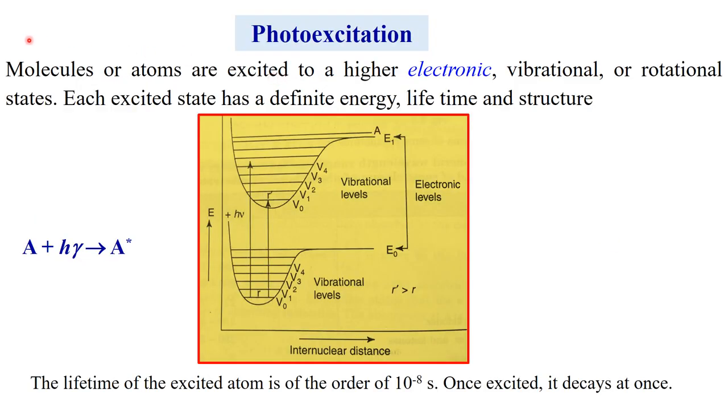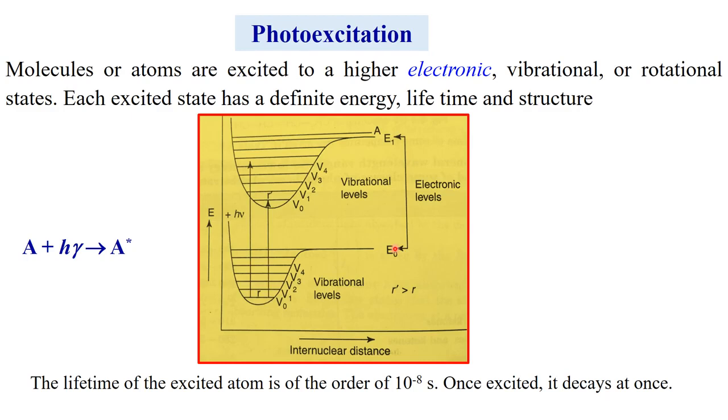Photoexcitation. When molecules or atoms absorb light, they are excited to a higher electronic, vibrational, or rotational energy level. Basically, there are electronic energy levels.